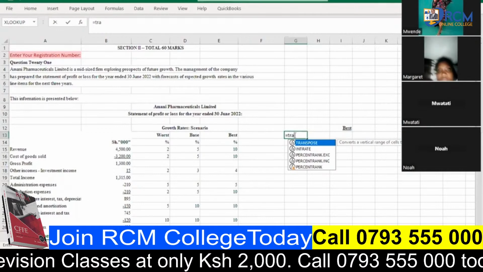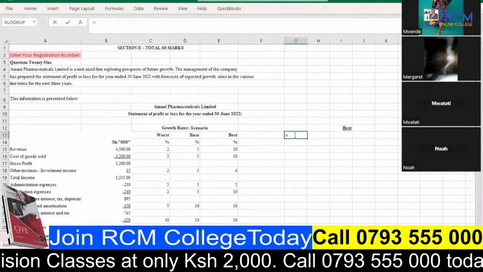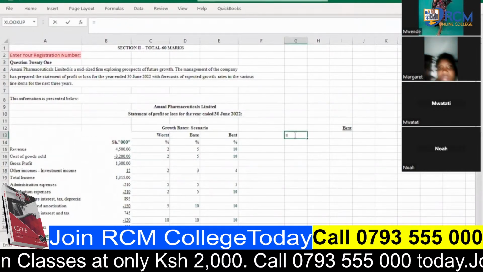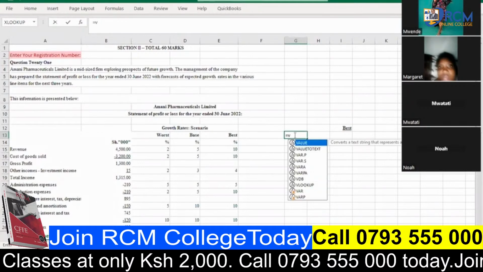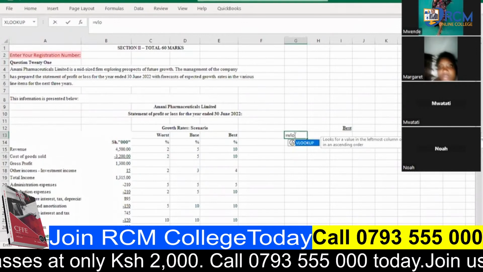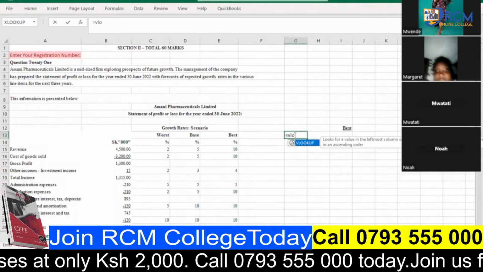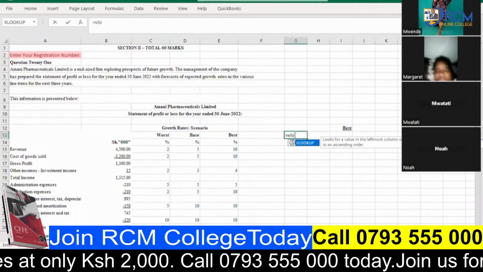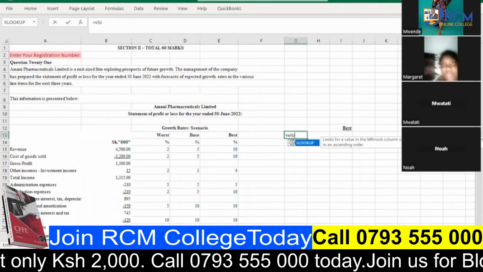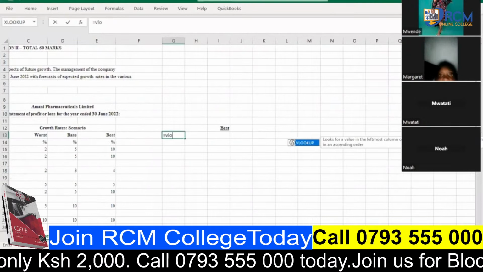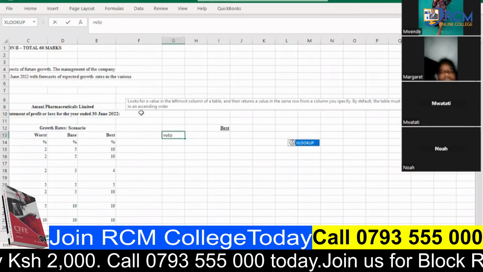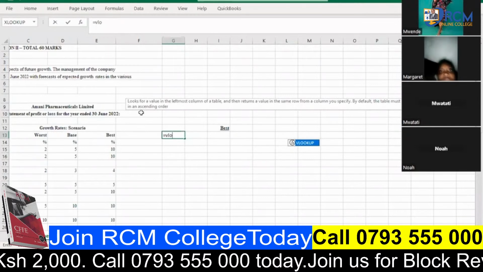Let's get to choice C, where we are being given VLOOKUP. Just come to your cell and type equal VLOOKUP. So what does it say? Looks for a value in the leftmost column of a table and then returns a value in the same row from a column you specify.